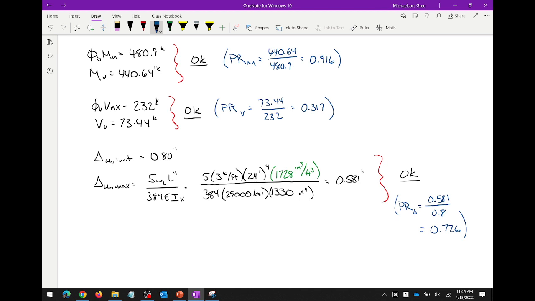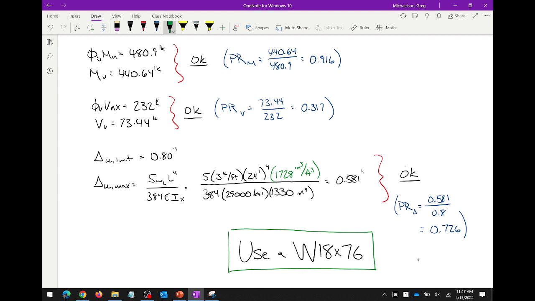And we kind of knew that was going to happen when we looked at step 4 and we found deflections should be fine. So what's the answer to this problem? Use a W18 by 76. Boom.